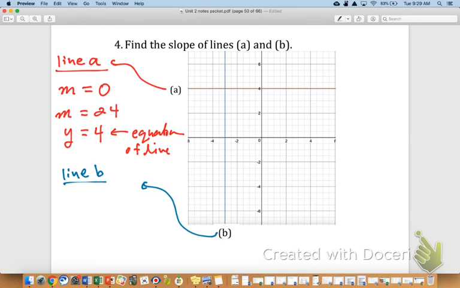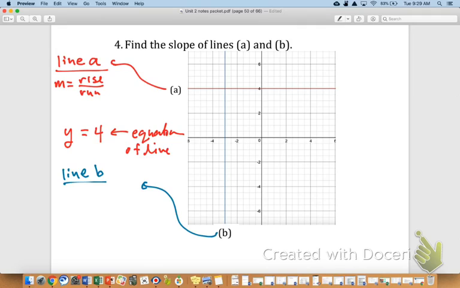So I want you guys to check this out. Isn't slope equal to rise over run? Hey folks, listen up please. I want to make sure you have this straight because it's easy to get this stuff confused.